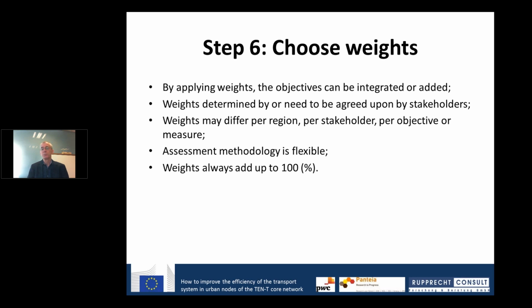And one needs to keep in mind that these weights can differ per region or per stakeholder and even per objective or per measure. The assessment methodology is in that sense very flexible. One remark, the weights always add up to 100%.